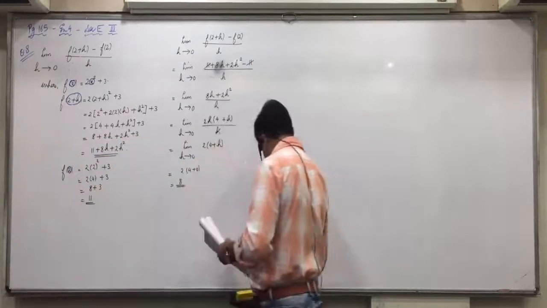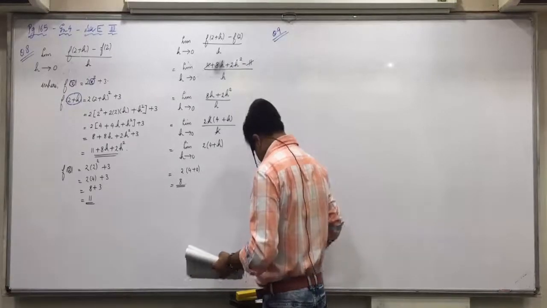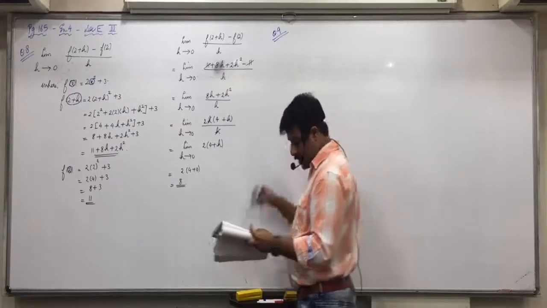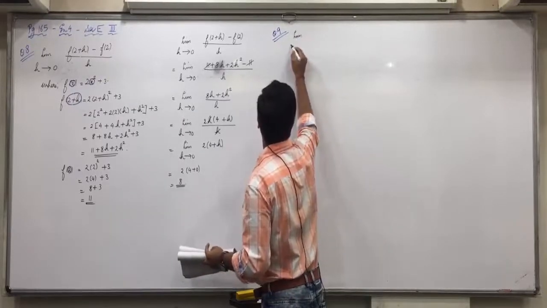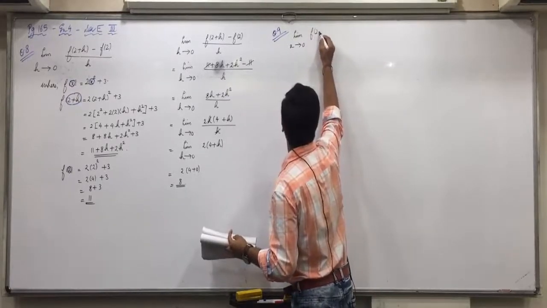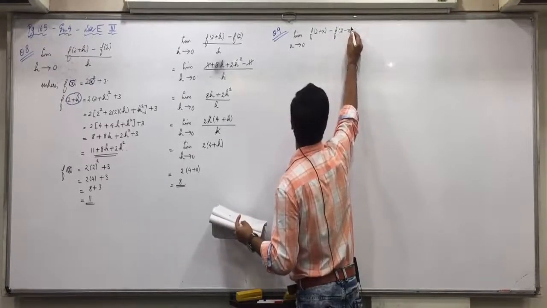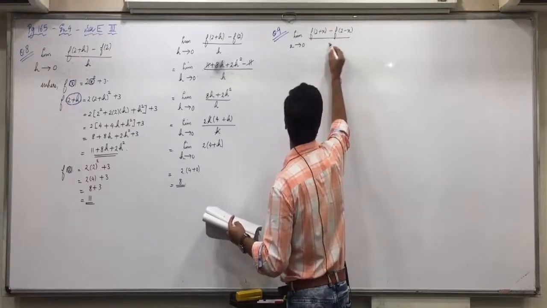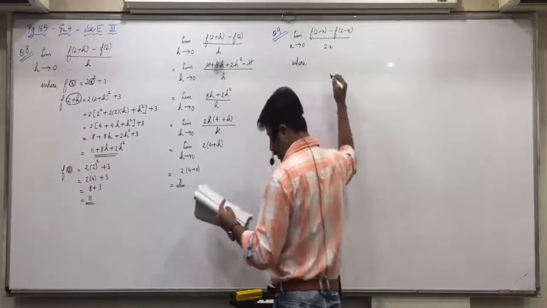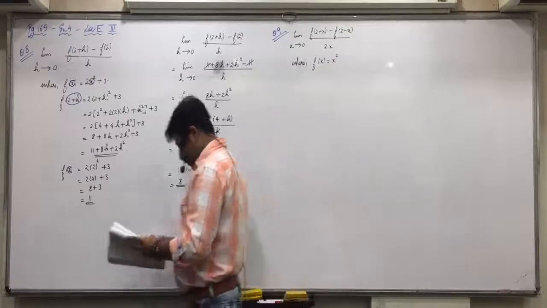Question number 9. Limit x tends to 0, f(2 plus x) minus f(2 minus x) upon 2x, where f(x) equals x square.